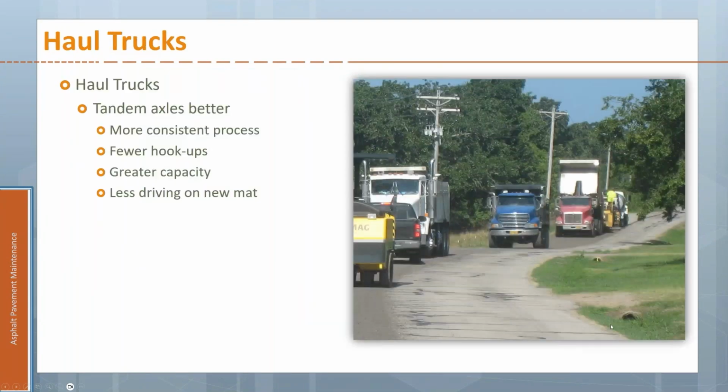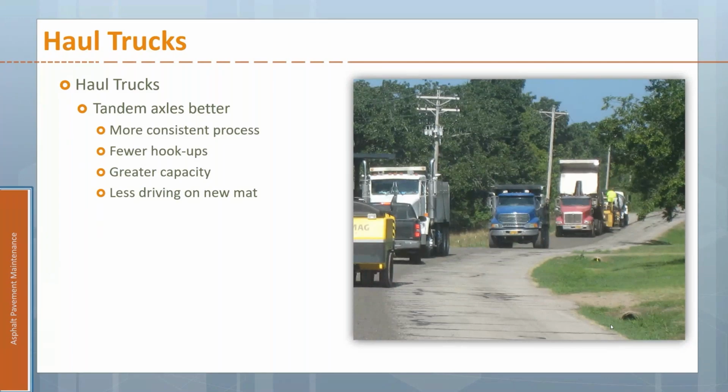Now, haul trucks. You got to make sure that you have enough haul trucks, because you could tell that paving train was moving along pretty quick, much more quickly than a traditional hot mix paving project. So on your haul trucks, keep in mind, where are they? They are the next vehicle behind the chip spreader, so they're on that very fresh chip seal. We want this to be as spread out.